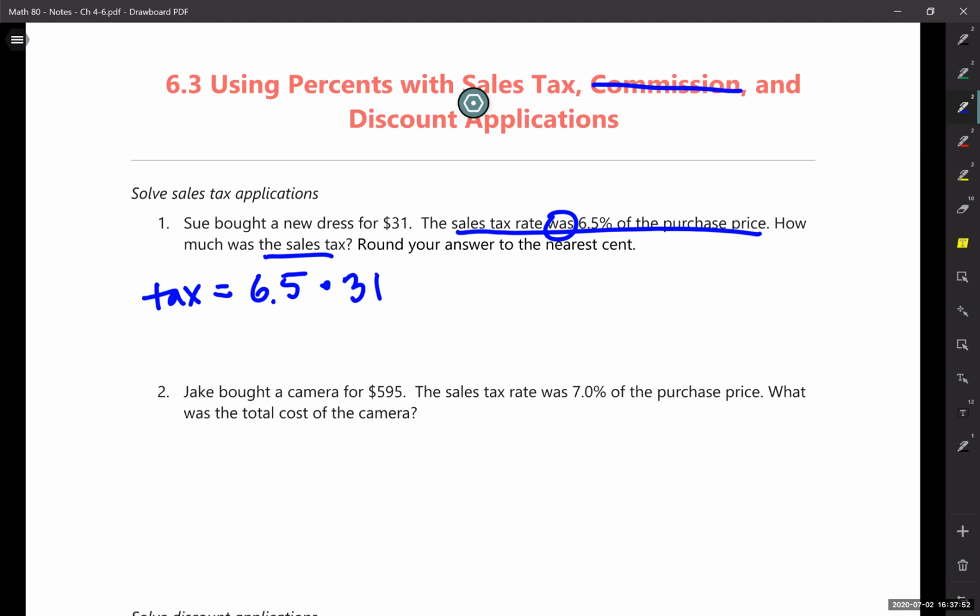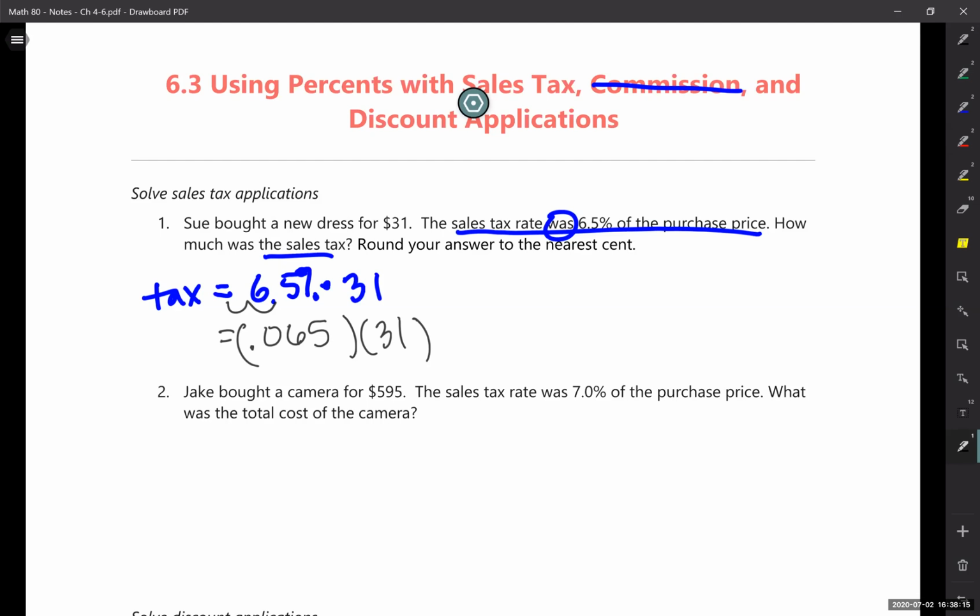So we don't have to worry about setting up that whole equation. Now I did forget to write the percent. That is a big deal because 6.5% is not a 6.5 in this problem. It is going to be 0.065 because I need to move that decimal over 2 places, times 31.